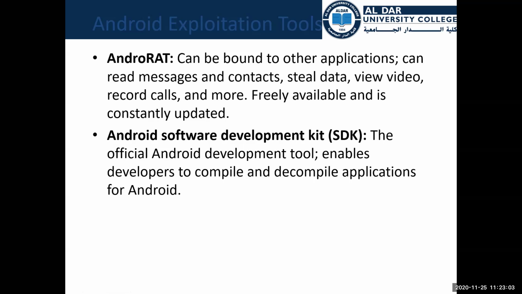As I told you before, this is not easy. Some of the students see some kind of Android RAT or any other tool, and they say, "Okay, we can hack now, doctor." No, you can't hack. It's actually not an easy task.